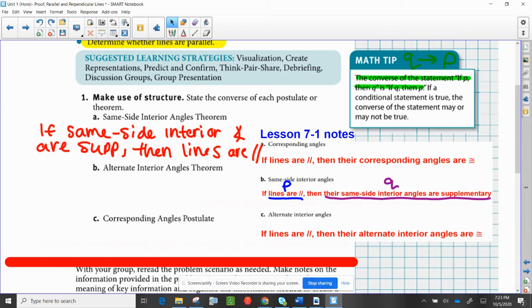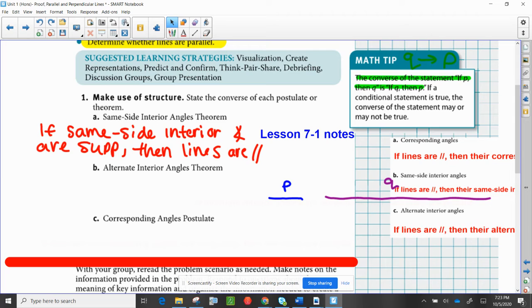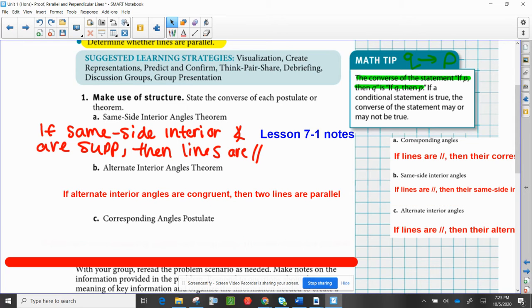If I do the same thing with our other 2 theorems or postulates, we would have something like this. I might have to move this out of our way here. That says if we have alternate interior angles that are congruent, then 2 lines are parallel.